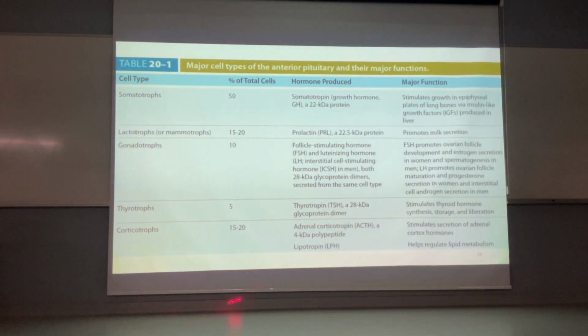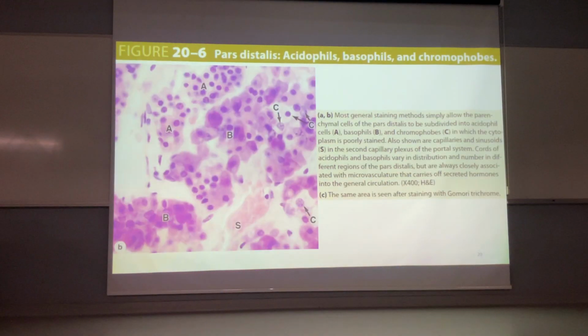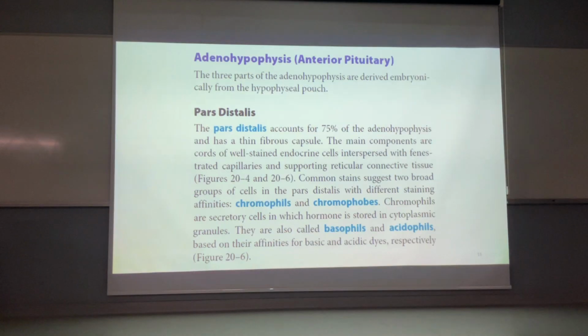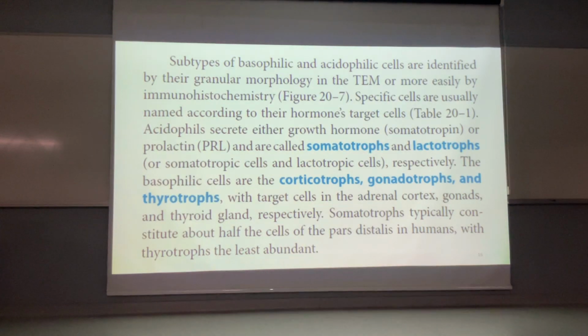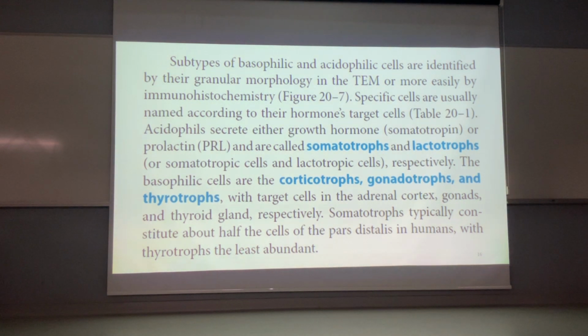Okay, this slide is very important. Here you can see different hormones produced from the different cells, and their major functions. Let me talk about this part. Acidophilic cells generally have a role in production of growth hormone and also production of prolactin.